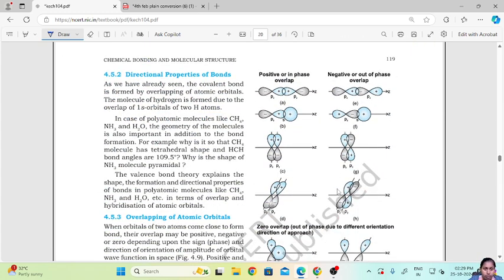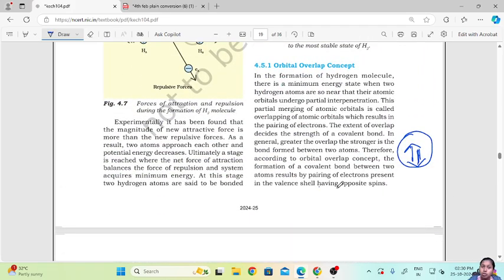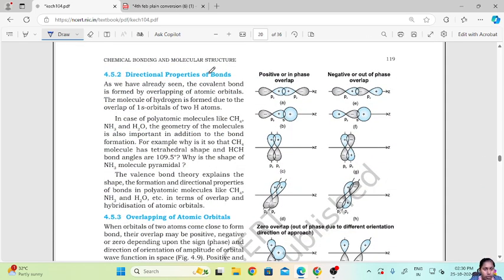Next is directional properties. Here one more thing you have to remember: the more the overlapping, the stronger the bond. That is the main concept of the orbital overlap concept. So, directional properties of bonds. As we have already seen, the covalent bond is formed by overlapping of atomic orbitals.